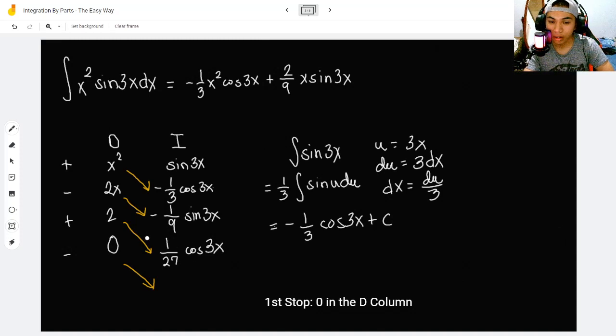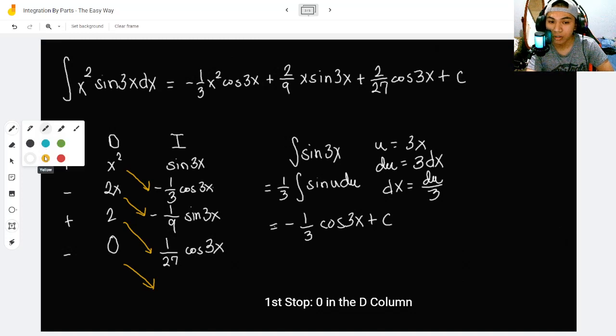And when you multiply positive 2 times 1/27 cosine of 3x, of course, you will have a positive answer, 2/27 cosine of 3x. And don't forget the plus c. So this is our answer. See how easy that is.